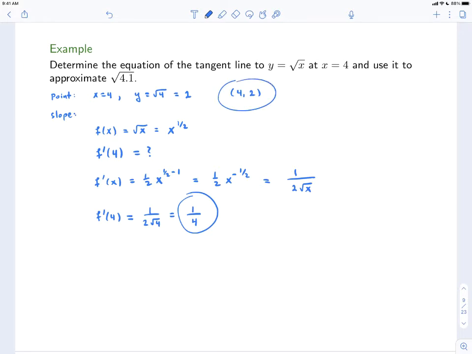So we have a point, which is (4, 2), and we have a slope, which is 1/4. So that means the equation of the tangent line at (4, 2) is y minus the y value is equal to the slope times x minus the x value.